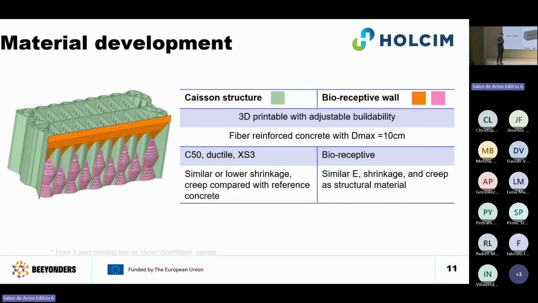As for material development, we have developed two distinct materials, as you can see on this caisson design. One is a structural material, where we focus on bringing ductility, and the major difficulty was to incorporate macroscopic steel fibers into a 3D printable concrete, where pumping and extrusion can be problematic.